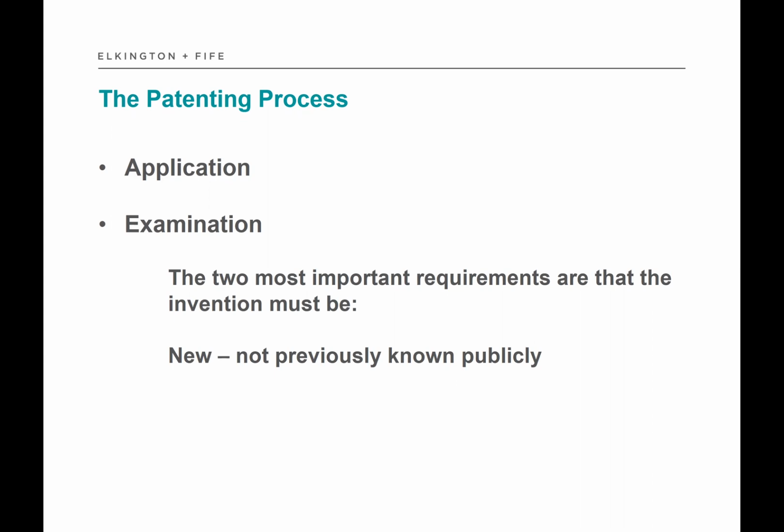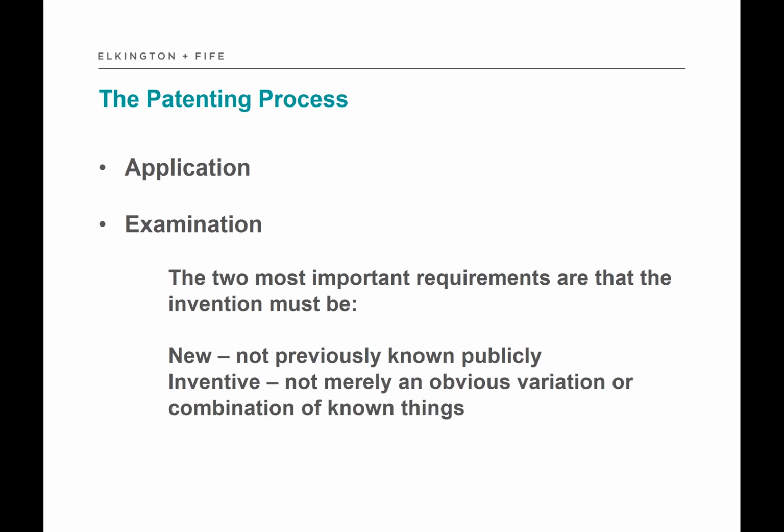What they look for is, amongst other things, whether the invention is new, that is, nobody has done it before or disclosed it before, and whether it's inventive. So this is whether or not there's some improvement, some benefit, some effect, and whether it would just be an obvious modification of existing technology. Really what you should be thinking of here is, was any lateral thinking involved?